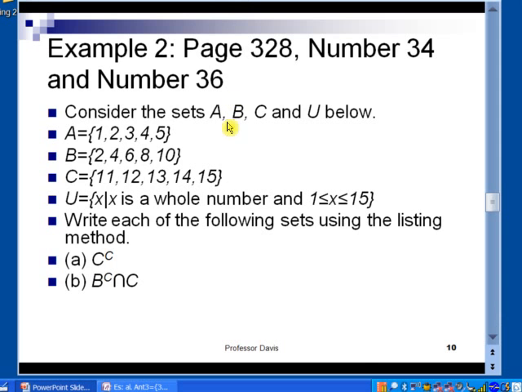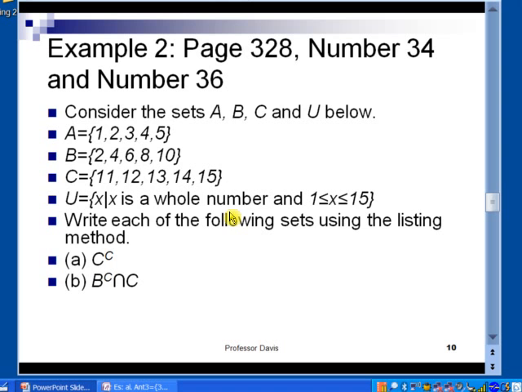So having said that, let's try another example here. Here we have the same sets we had before in the previous example. A is the whole numbers 1 through 5. B is the even numbers 2 through 10. And C is the whole numbers 11 through 15.